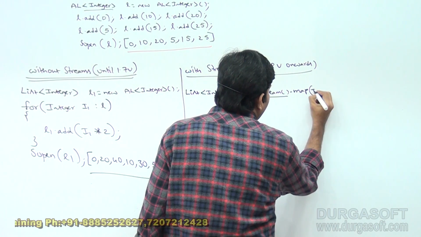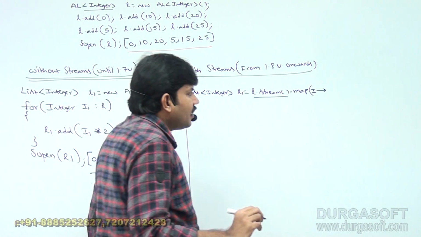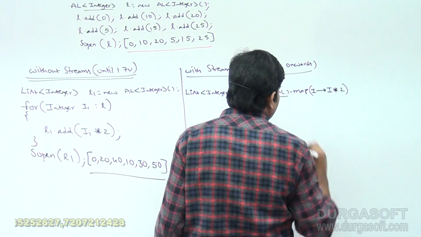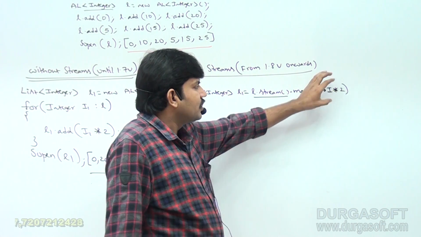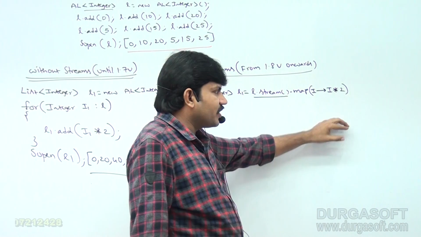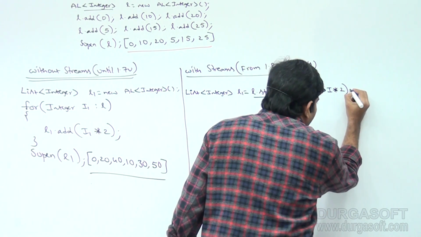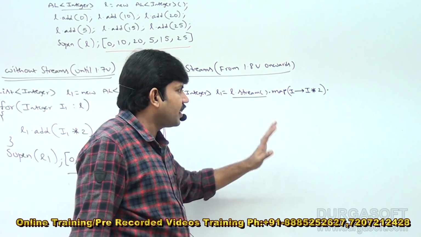Based on which function do you require to create mapped objects? If I provide an i value, then what do I have to do? I into 2 we have to return. Are you getting that? If I provide i, then i into 2, this is the function. Based on this function, can you please create mapped objects? Like this I'm taking: L.stream().map(i -> i * 2).